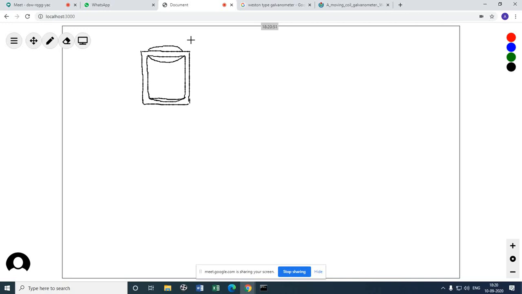Okay? Written? Yes, sir. The softness of this spring determines the sensitivity of the galvanometer. This is one of the things, we will see later, but right now you write it.